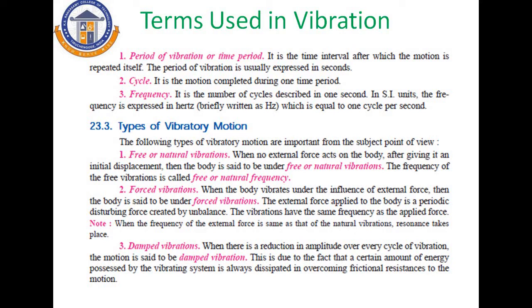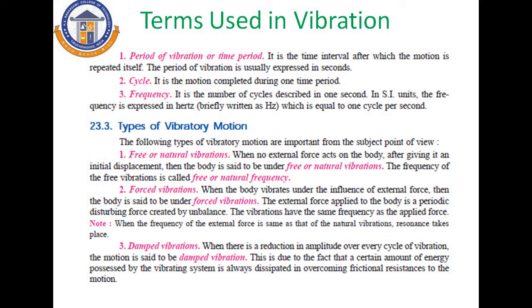When the frequency of the external force is the same as that of the natural vibration, resonance occurs. Here the example is a fan, which makes a certain sound because the bearing has gone or there is some unbalanced force. You are continuously rotating the fan with the help of external current, so that is why the vibration repeats. That is an example of forced vibration.